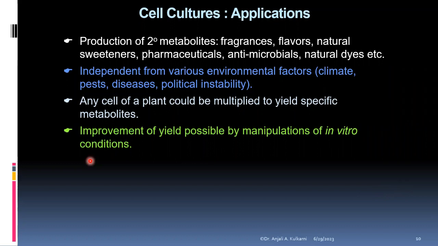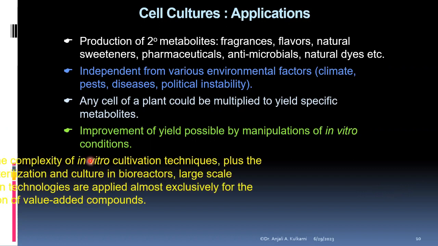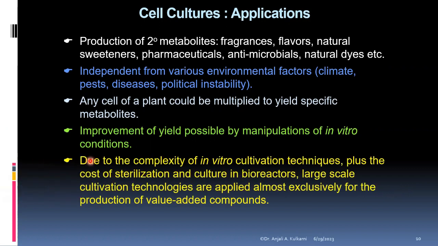But tissue culture experiments and in vitro manipulations can really improve the yield of the compound to a great extent. And when you apply bioreactor level technology, which many companies all over the world apply routinely, and those products are already available in the market, then that becomes a very economical proposition as well.